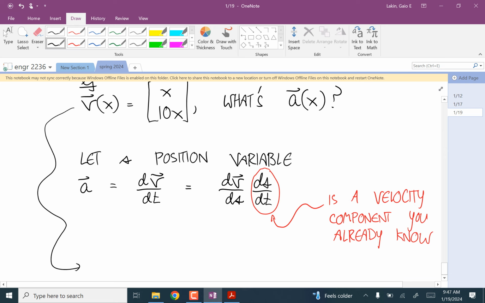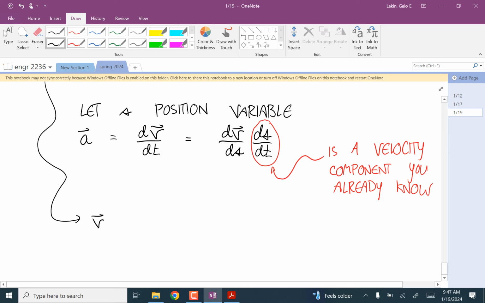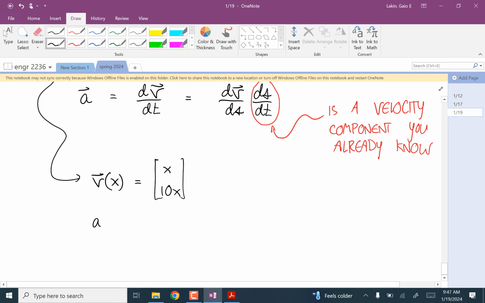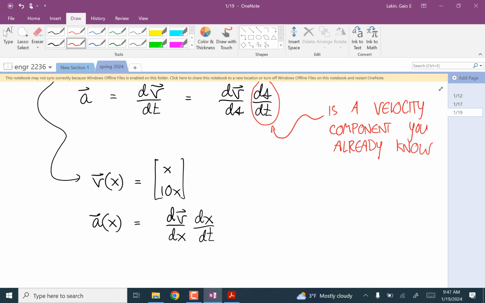Okay, so let me do the example I wrote up here. If you know the velocity is a function of x, is x^2 + 10x, then the acceleration as a function of x is dv/dx times dx/dt. dx/dt is the x component of the velocity, which is this.